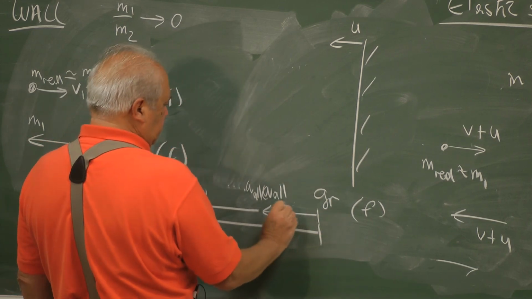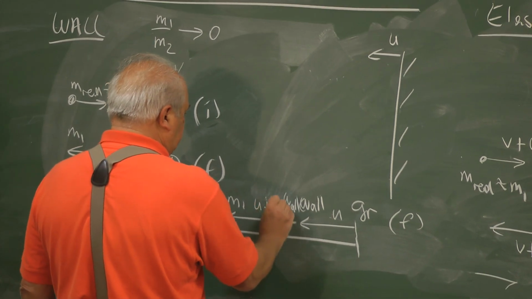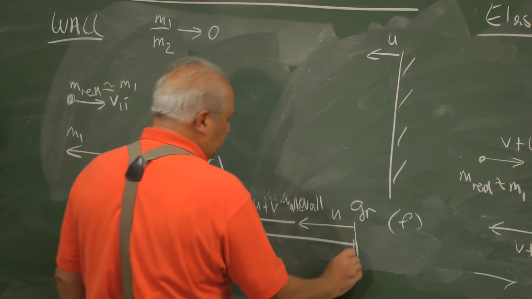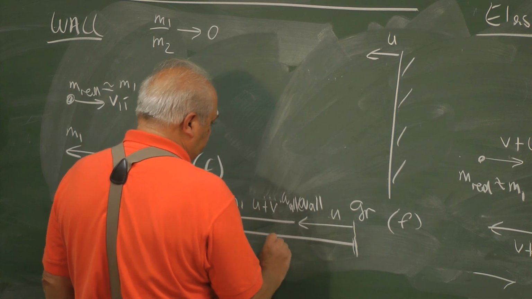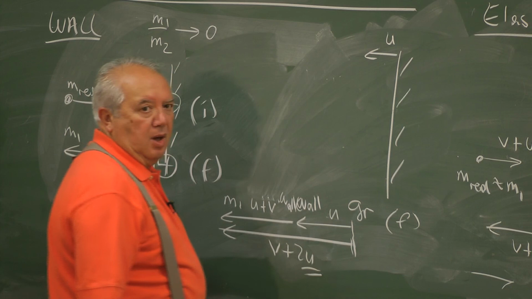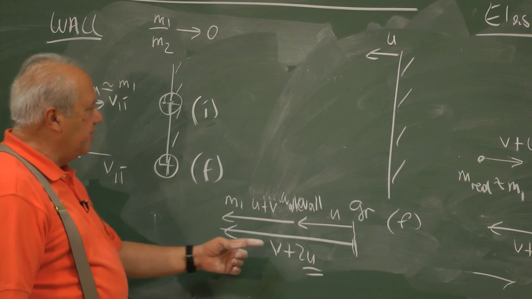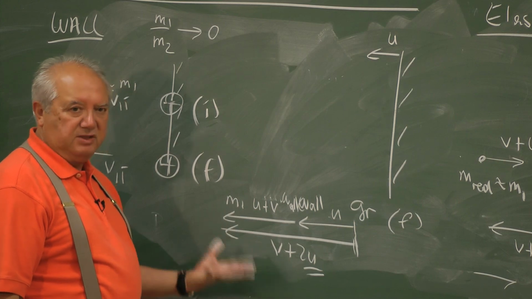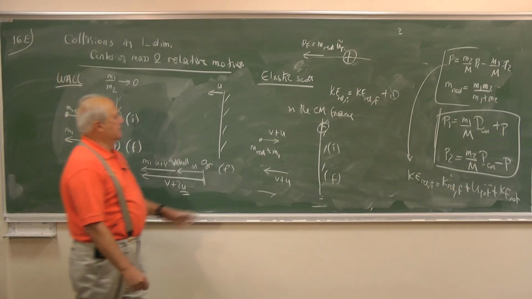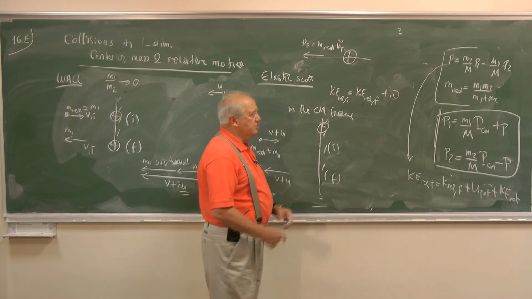So this is U, this is U plus V. So M1 with respect to ground is moving with velocity V plus 2U. So it gains this 2U. Obviously, the kinetic energy of the particle in the lab frame is not conserved, but that's okay because of the limiting case that M2 is so very much larger.